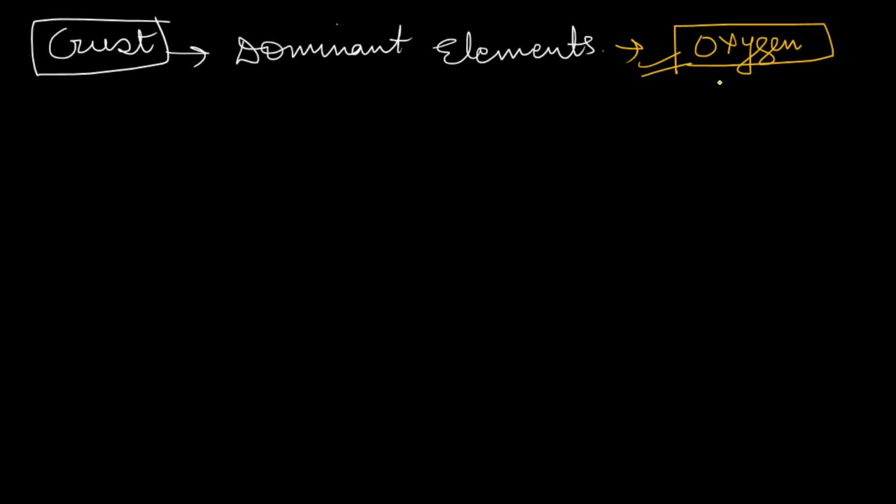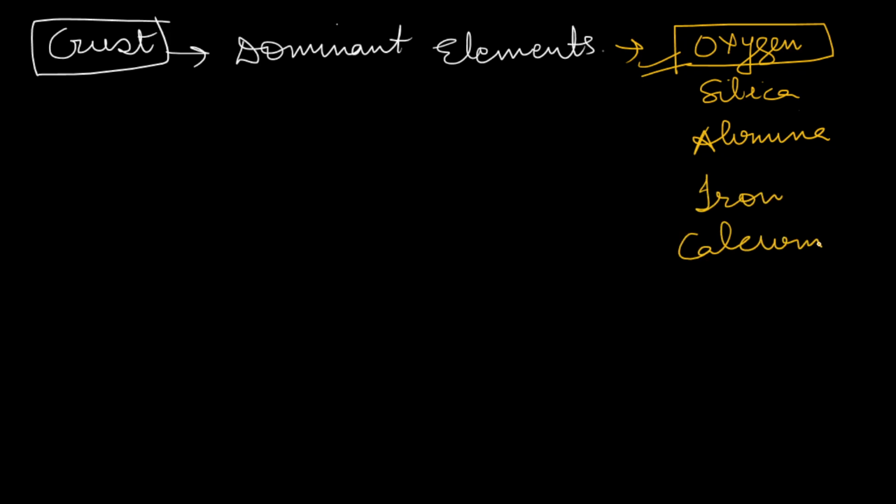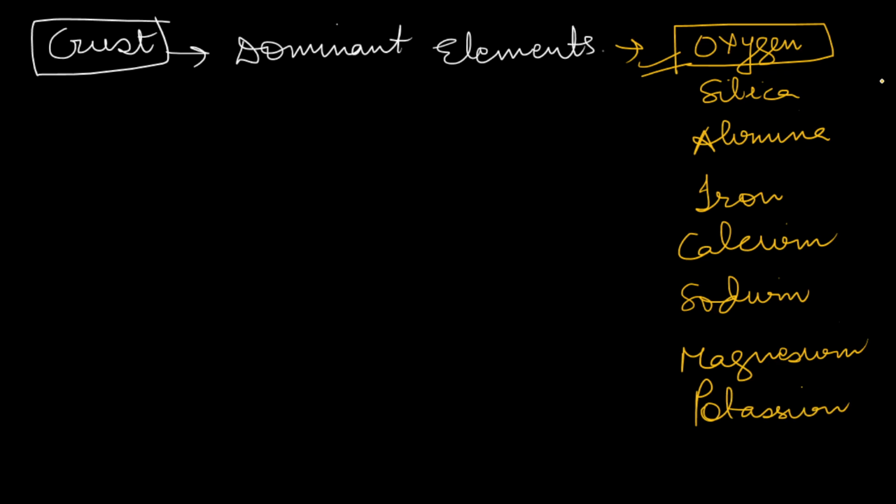The second most dominant element is silica. Then we have alumina, third dominant. Then we have iron. Then we have calcium. Then we have sodium. Then we have magnesium. And then we have potassium. So this is from higher to lower amounts.